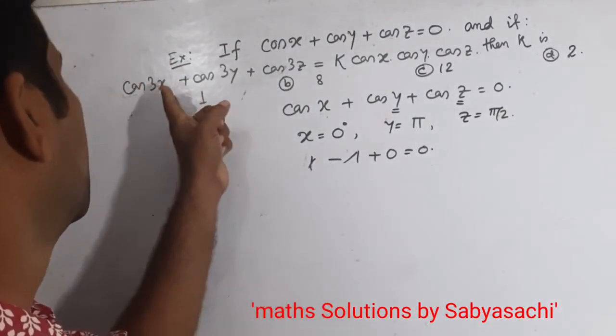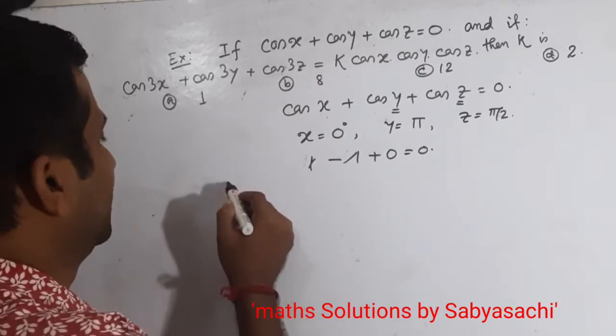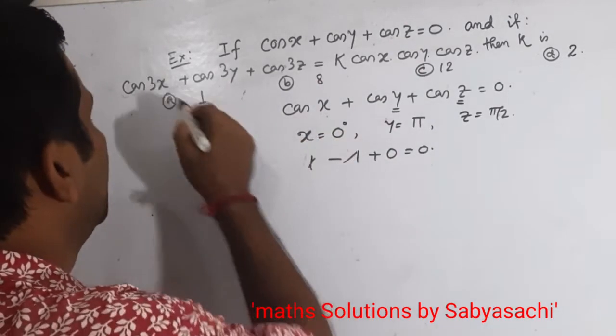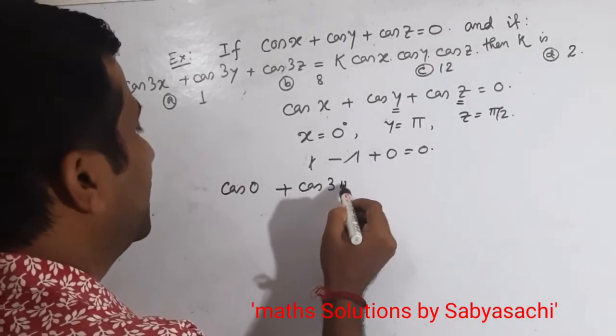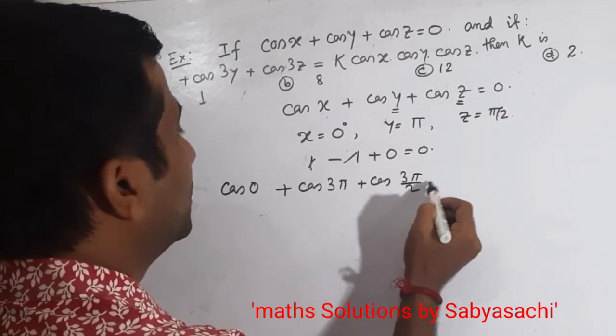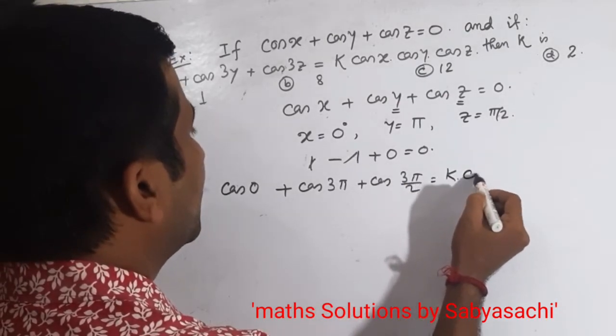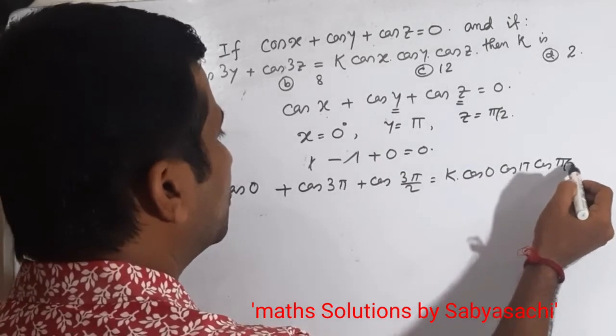Now putting the values 0, pi and pi by 2 in this expression, we get cos 3 into 0, cos 3 pi plus cos 3 pi by 2 is equal to k cos 0 cos pi cos pi by 2.